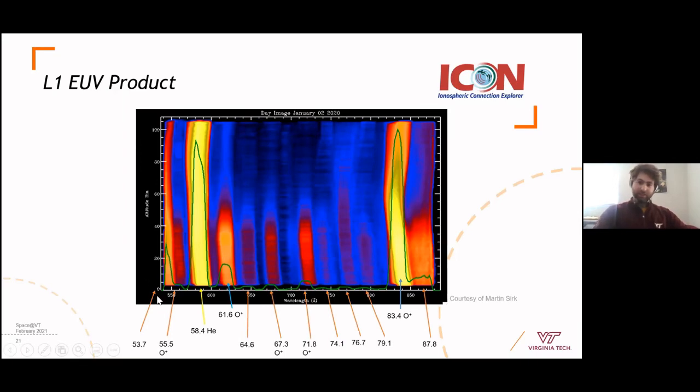We get all of these other bins that are going to pop up in our level 1 data. The data that we're going to be looking at is at each of these wavelengths. It's going to be centering a bin, and we're going to integrate horizontally, essentially counting a little bit of a band around each of these wavelengths, and then that will give us the brightness at a given altitude.